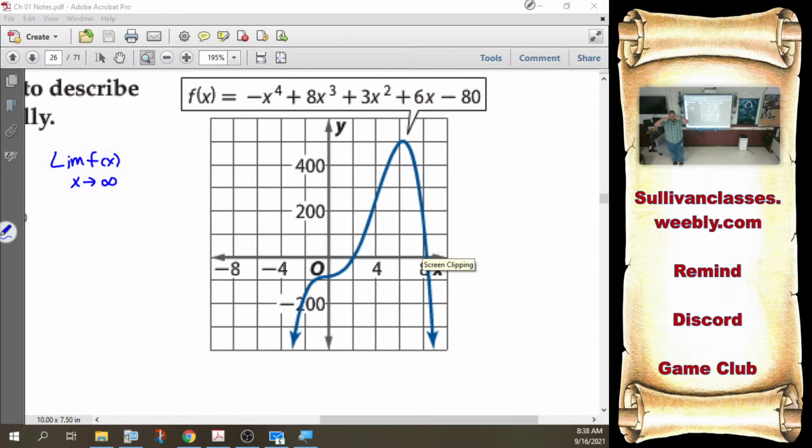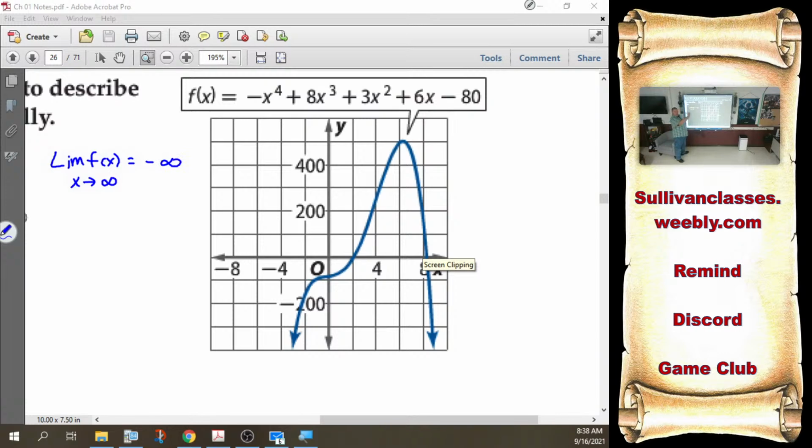Well, you can't really come at positive infinity from in front of infinity because it's not a location, it's an idea. I can still say, the further I go to the right, what are my y's doing? They're going to keep going further and further negative, right? So the limit is negative infinity.